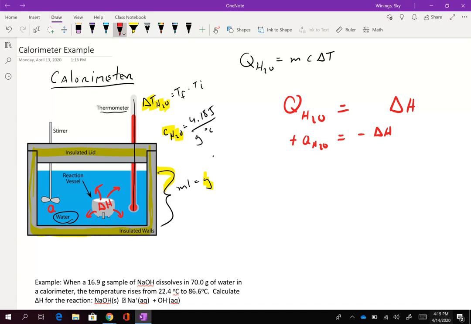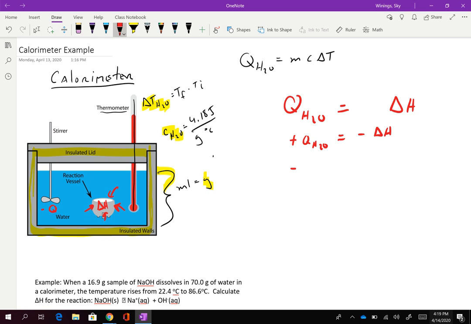We could look at this in a different way as well. We could pretend the enthalpy of the reaction is endothermic. In that case, the Q of water is going to be exothermic.